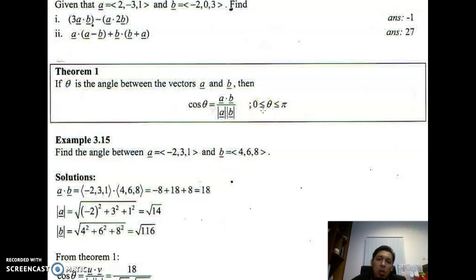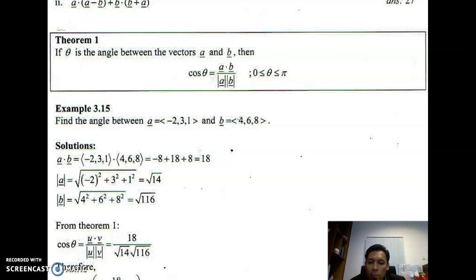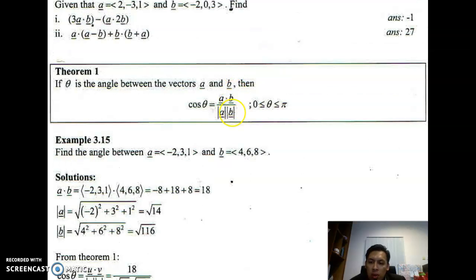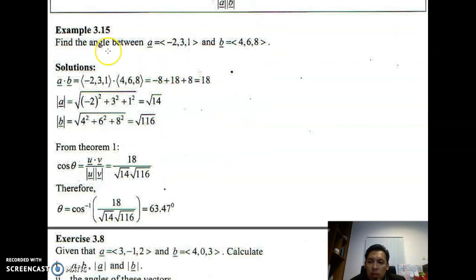The formula is similar to the one that we discussed before. It is just that the adjacent will be the dot product value and the hypotenuse will be the multiplication between the length of A and B. So let's try to look at this.